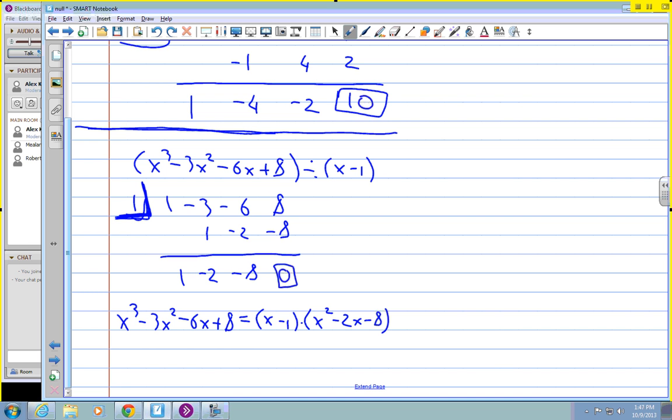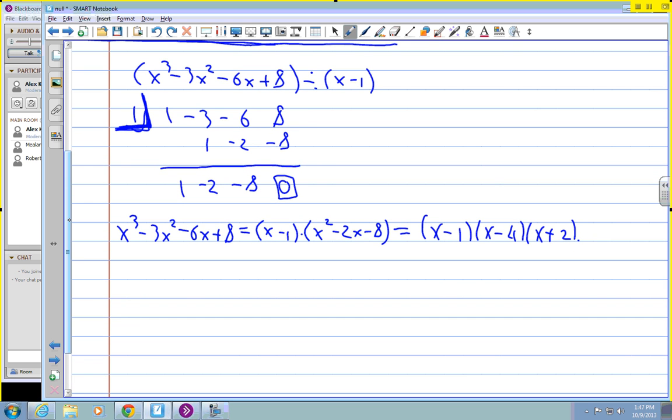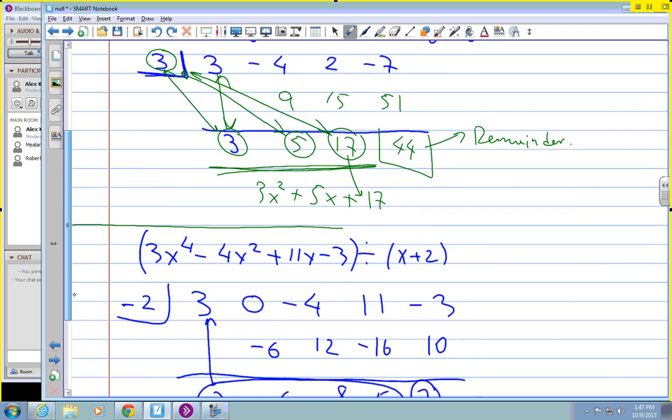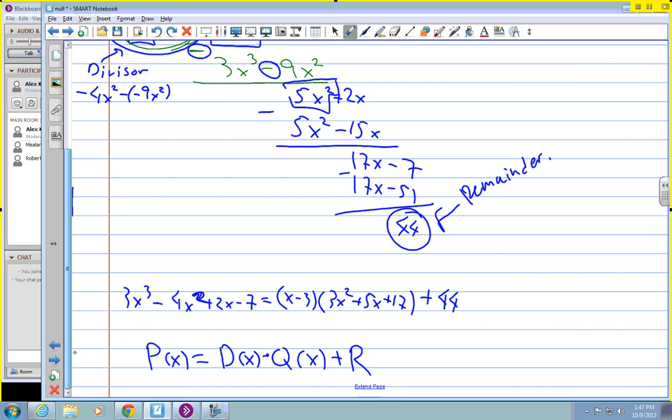Now check this out. x squared minus 2x minus 8. I can factor that one as well. So all of a sudden, I got my polynomial to factor. That's my division algorithm, that I can always write my polynomials as the divisor times the quotient plus the remainder.